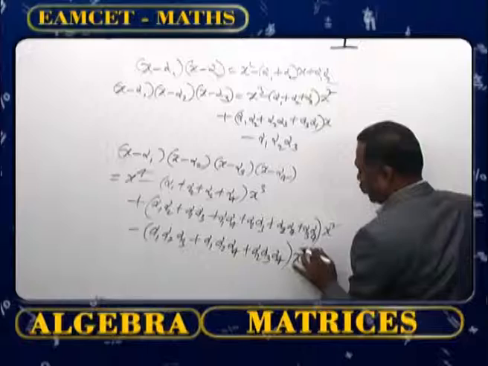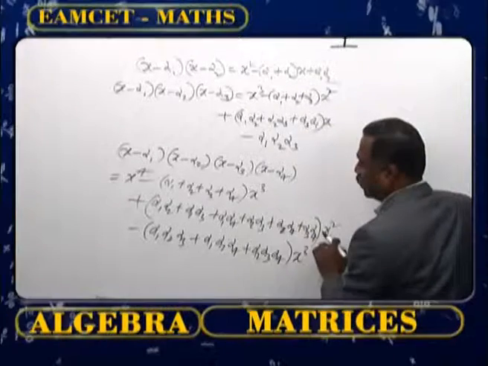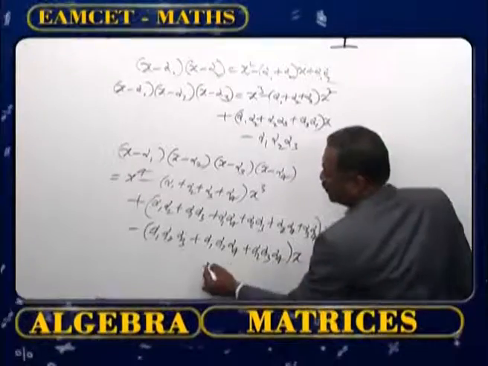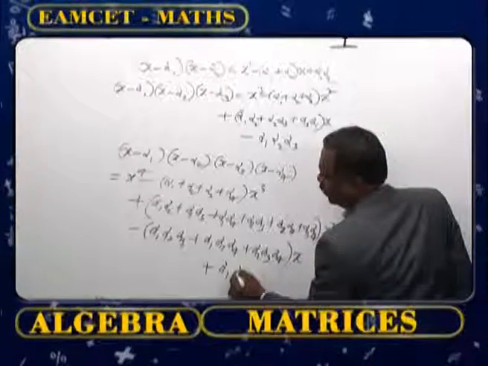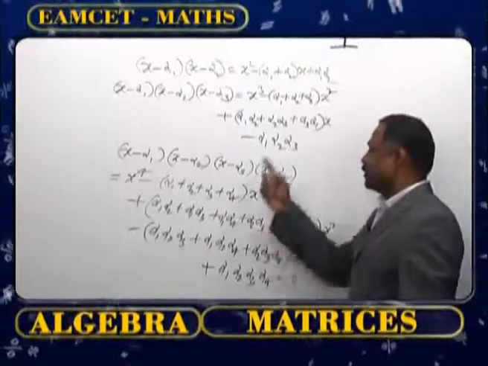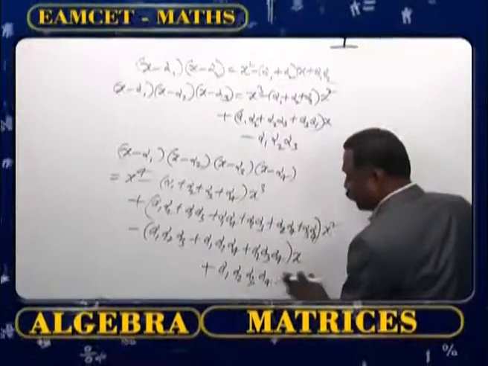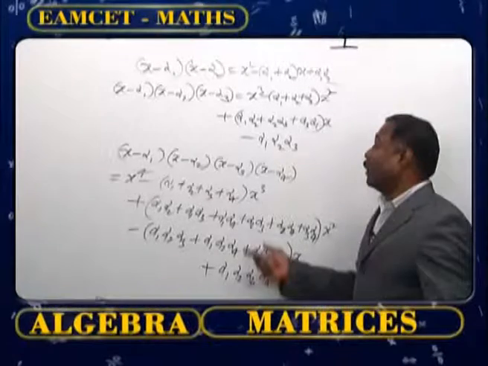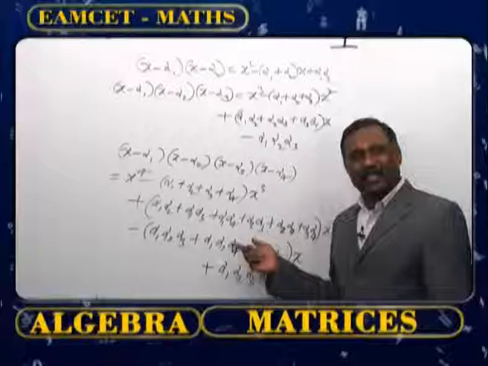This is x power 4, x cube, x square, next is x, plus taken all at a time, alpha 1 alpha 2 alpha 3 alpha 4, is equal to 0. If it is equal to 0, it is a fourth degree polynomial equation. If nothing is written, it is simply a polynomial expression, a fourth degree polynomial expression.